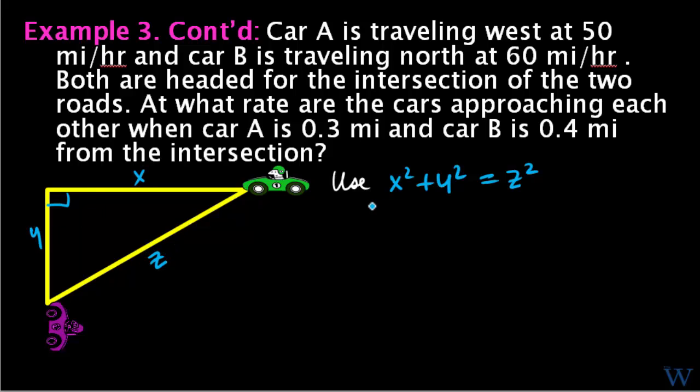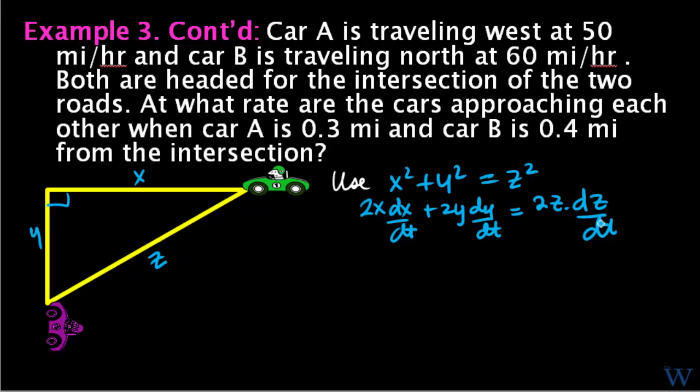Differentiating term by term with respect to time, you get 2x times dx by dt, chain rule, plus 2y times dy by dt. The derivative of z squared with respect to t is 2z, multiplied by the derivative of z with respect to time.